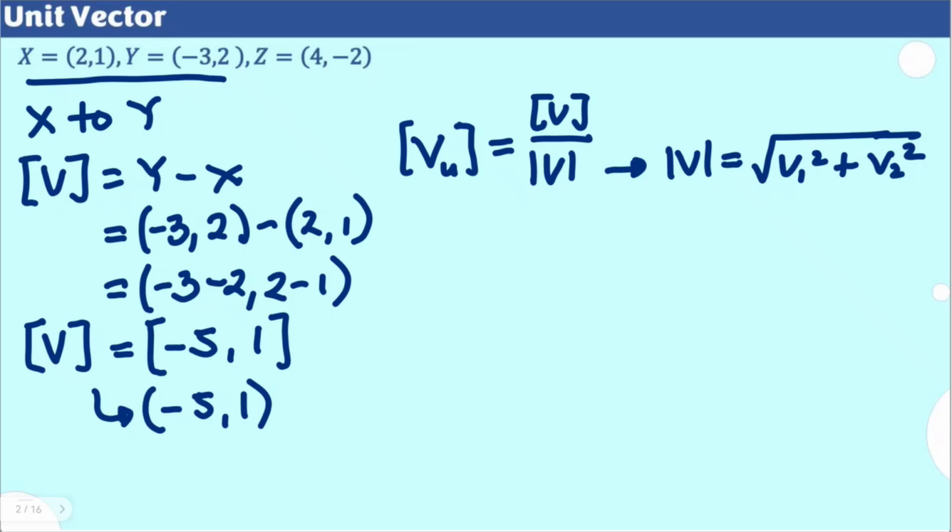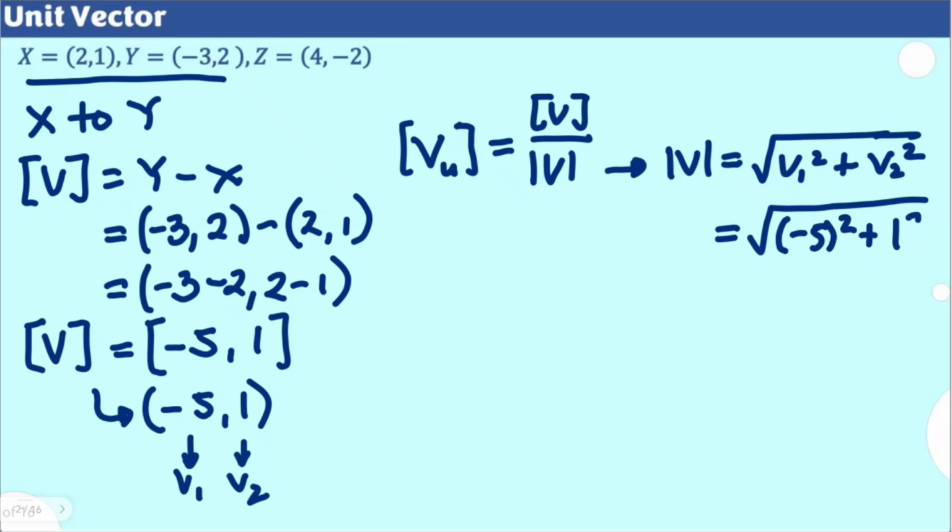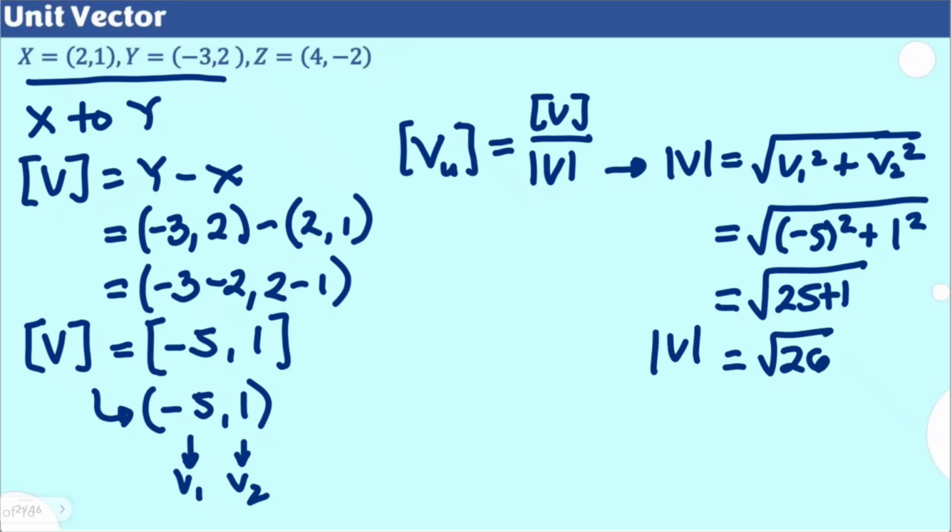You might want to review that. In this case, we have our v sub 1 being -5, and v sub 2 being +1. So the length of this vector is the square root of the square of -5 and the square of 1. So we have 25 plus 1, which gives the square root of 26. This is the length of vector v.